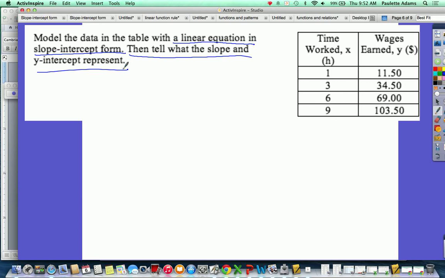Let's talk about the y-intercept first. You already know that the form is y equals mx plus b, and b is your y-intercept.